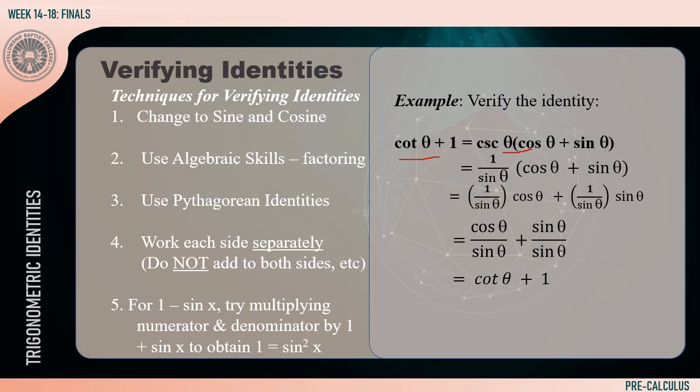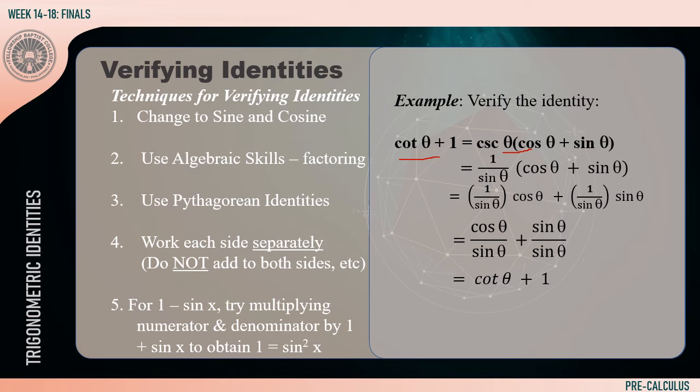So, masapos kung i-change natin siya into sine and cosine. Since single lang siya nga function, masapos gamiton ang reciprocal identity.